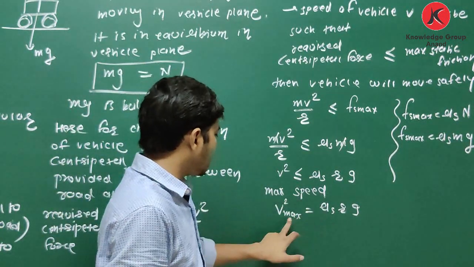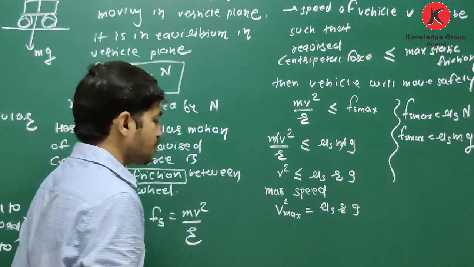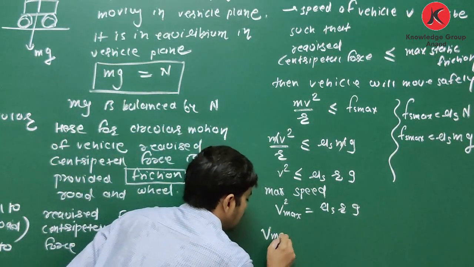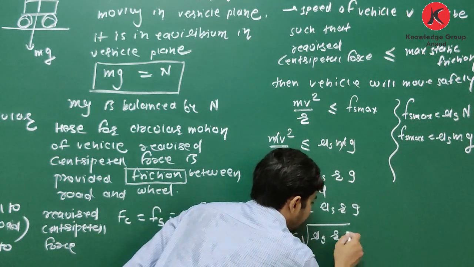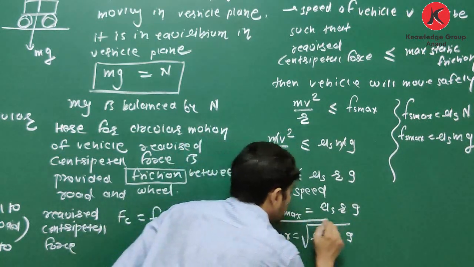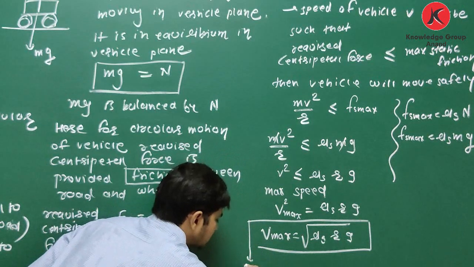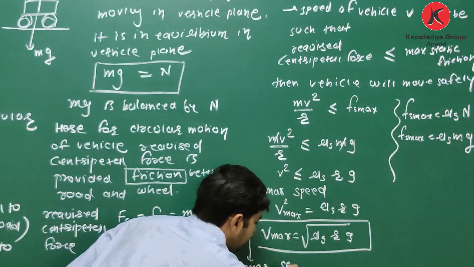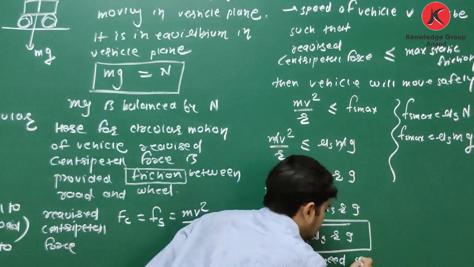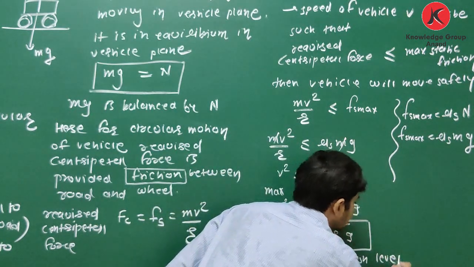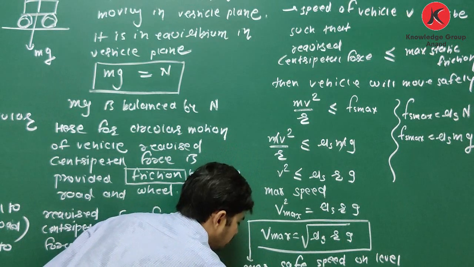So v maximum is equal to under root mu s rg. It is the equation of maximum safe speed on a level circular road.